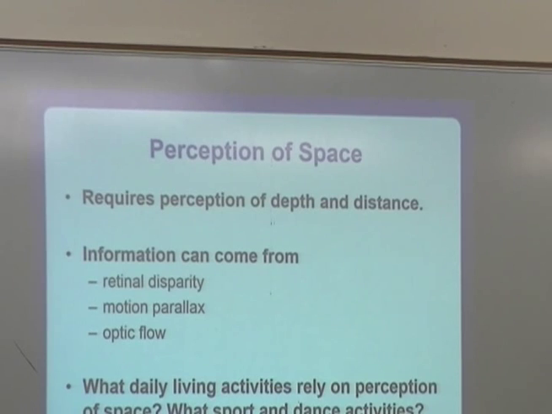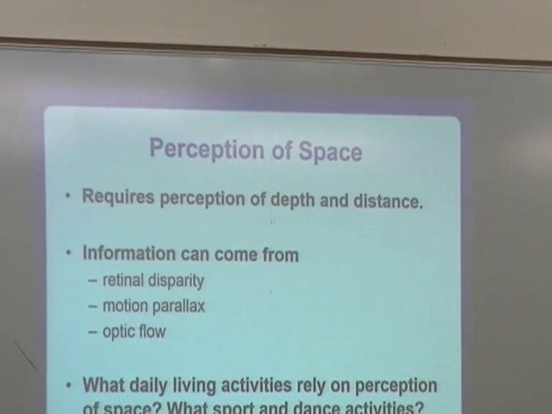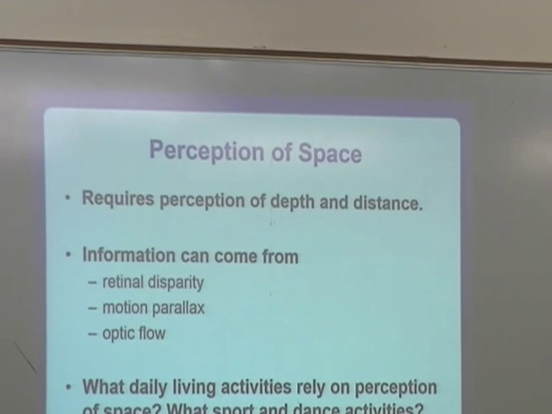In order to perceive space, which is a 3D concept, I have to be able to perceive depth and distance, because the information that I get on my retina is two-dimensional.